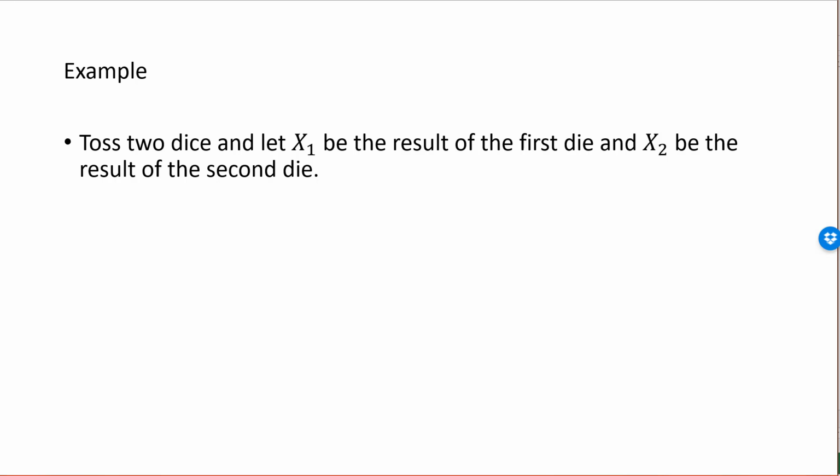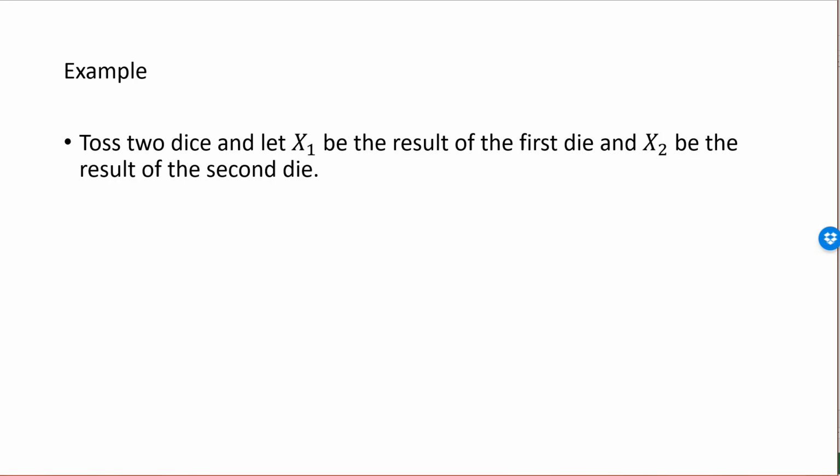And we can assume that these are fair dice, so the probability of each outcome is the same. The probability of getting, let's say, 1 and 1 is 1 over 36, and so is the probability of any other of these 36 combinations.